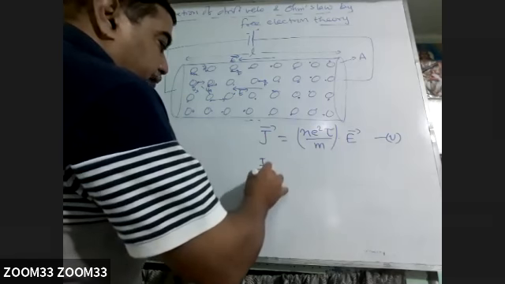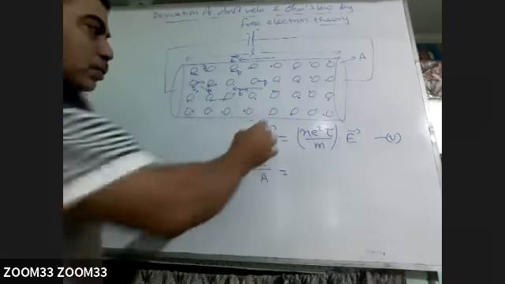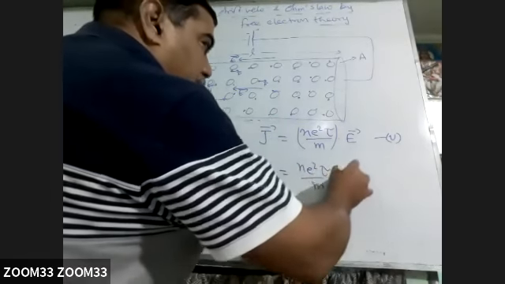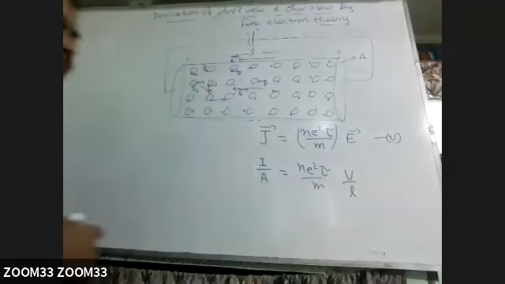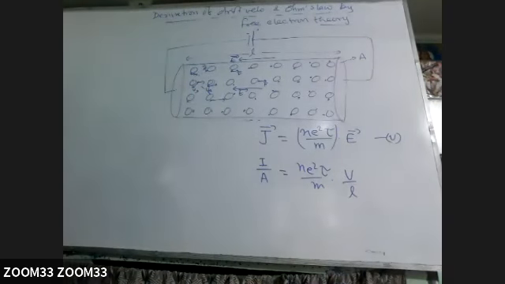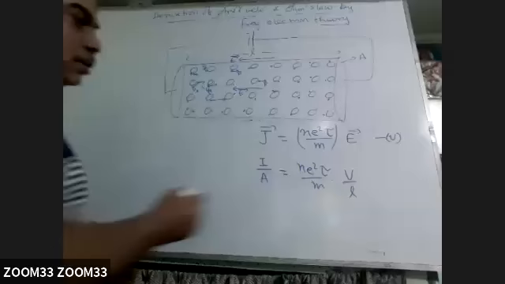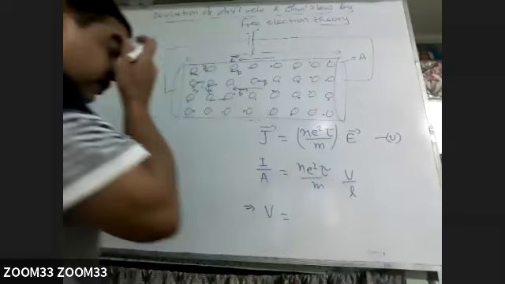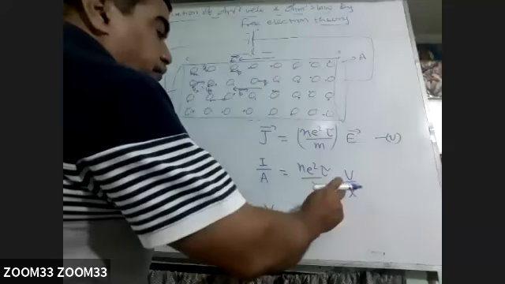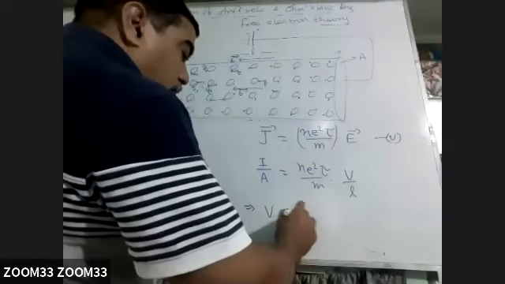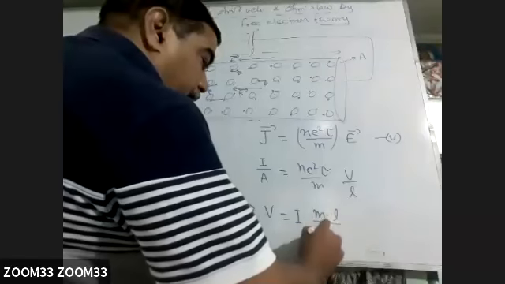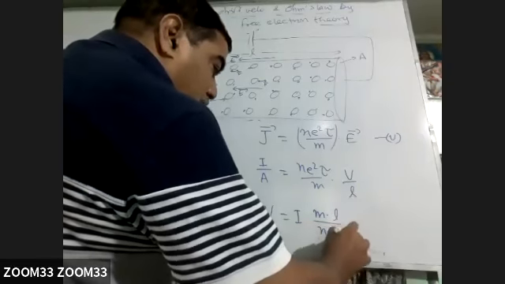I over A. If you say only magnitude, that is n e square tau over m, and this is potential difference over L. So this equation says this V will be how much? This will come here, m into L, n e square tau A.